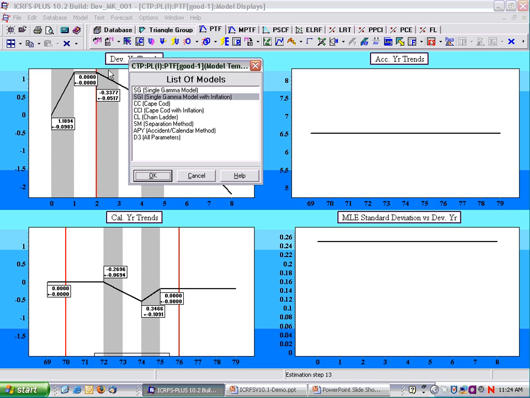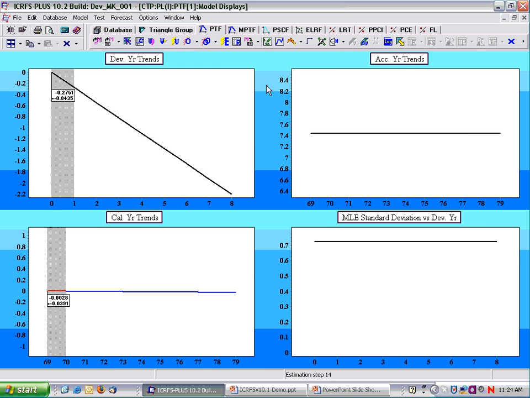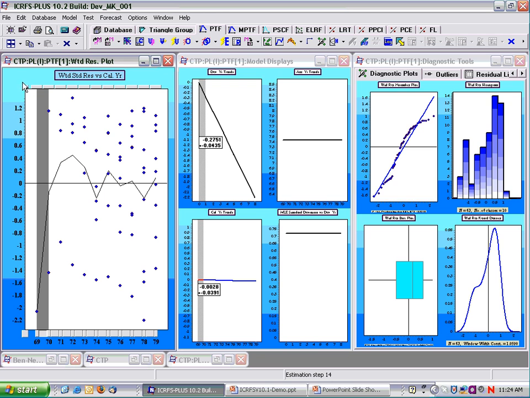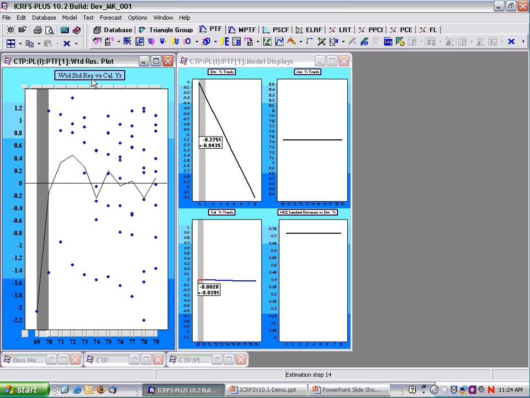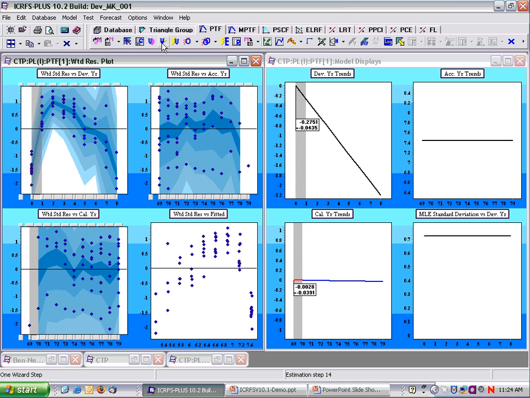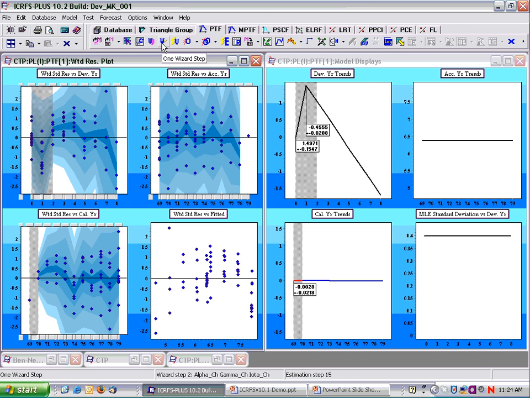Let's go to the starting model again. And now I'll use what's called a wizard, which builds the model. I'll use the wizard one command at a time.